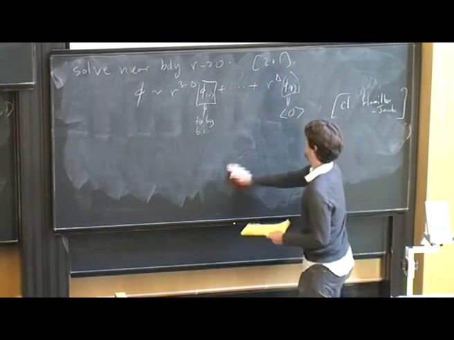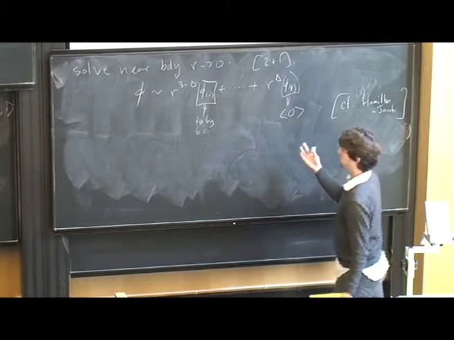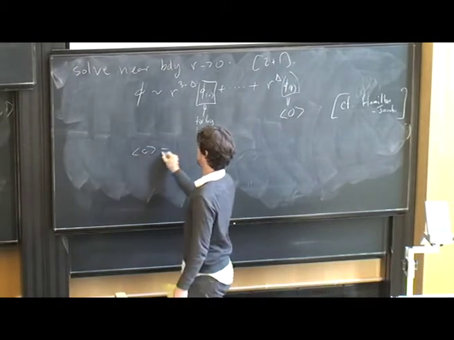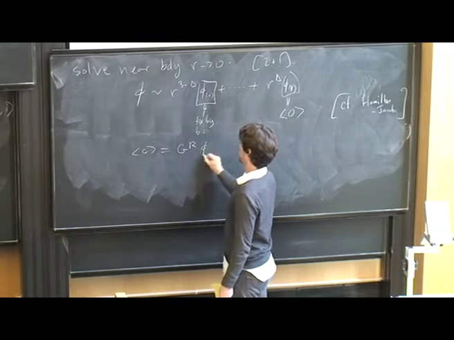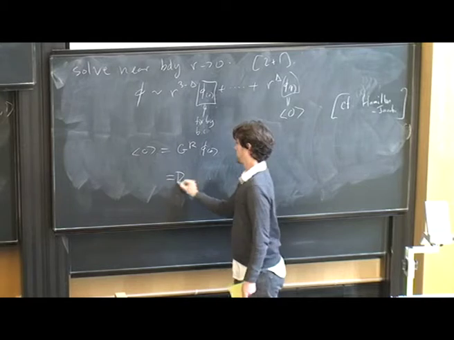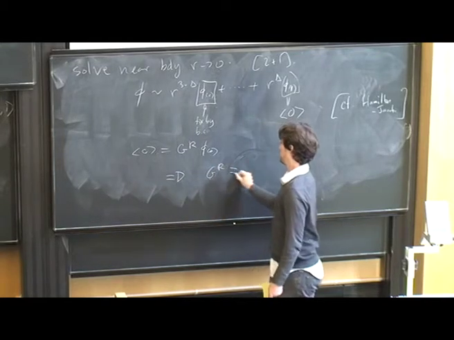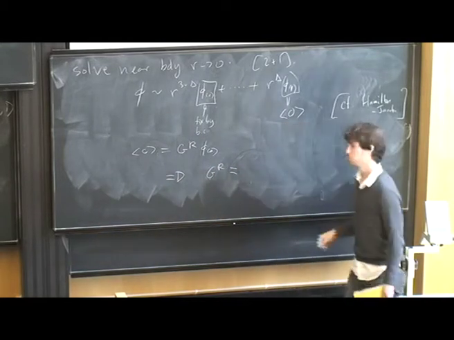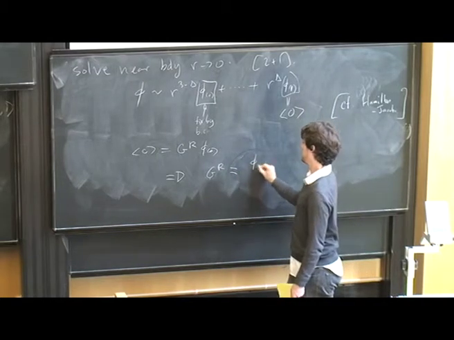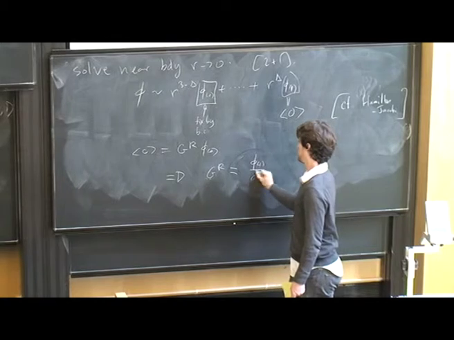Okay. But now remember that the retarded Green's function is just a ratio. The vev is the retarded Green's function times the source. So that means that the retarded Green's function is just, again, I'm dropping constants of proportionality, all the order one numbers, phi1 divided by phi0.